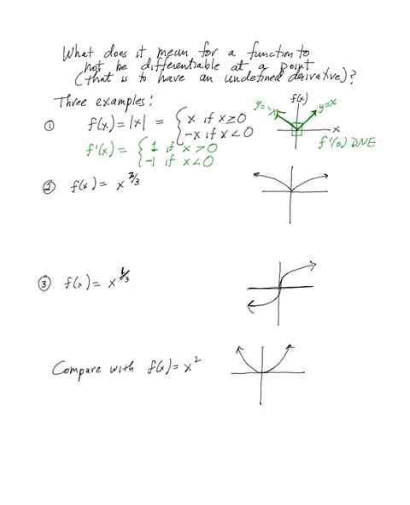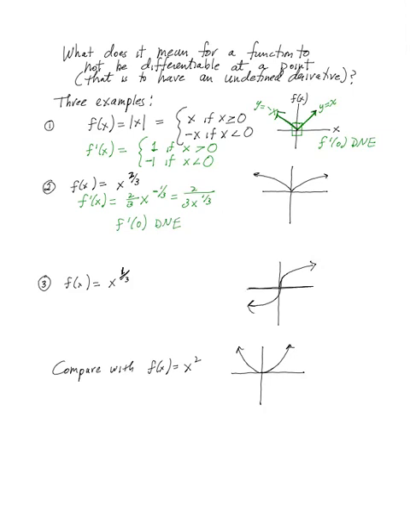Okay? f of x equals x to the 2/3 is another example. Well, let's take the derivative. f prime of x is 2/3 x to the negative 1/3, which is 2/3 over x to the 1/3. Notice that f prime of 0 does not exist, is undefined here, because you can't divide by 0.